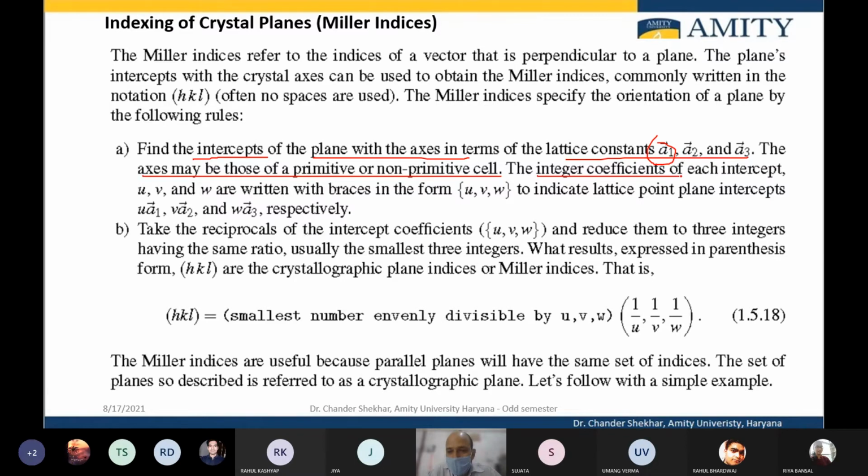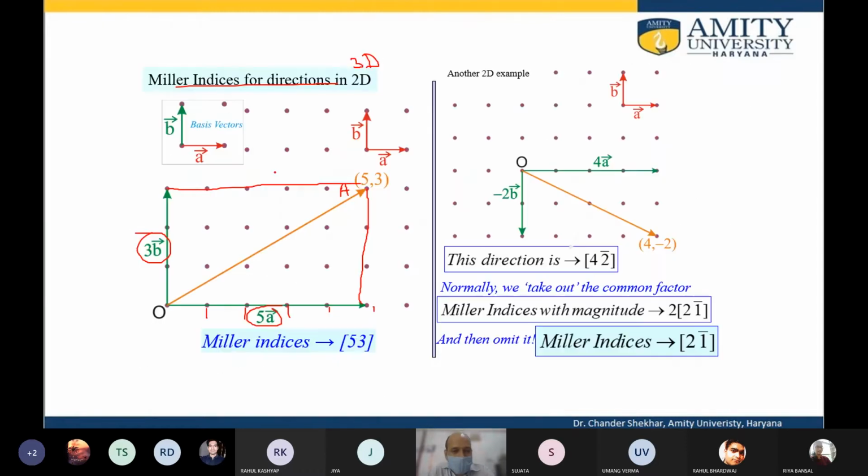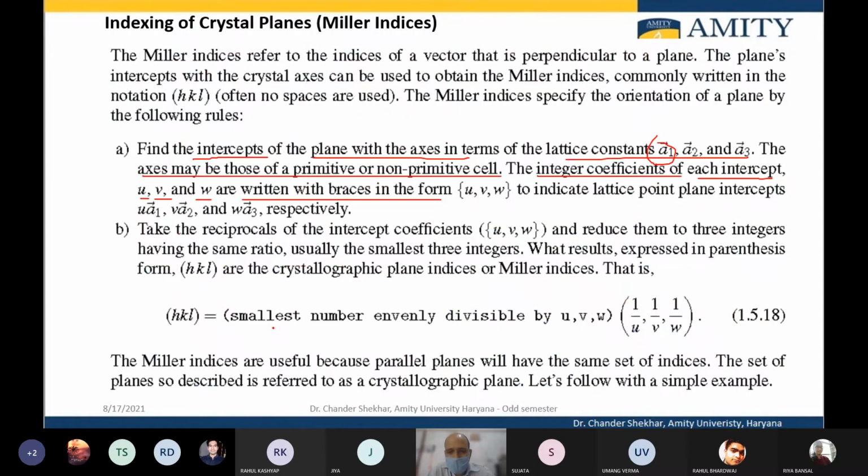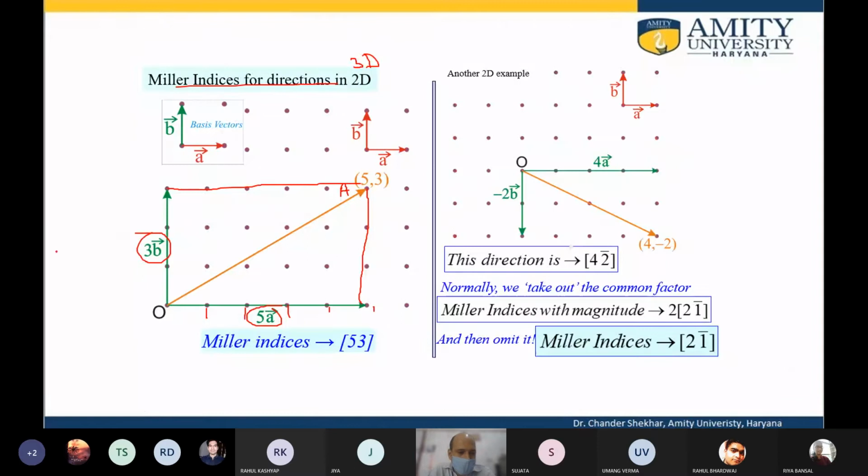The integral coefficients of each intercept, that means U, V, and W, are written in brackets. So we are talking about a direction, and directions are written in this kind of brackets, for example 5 and 3.